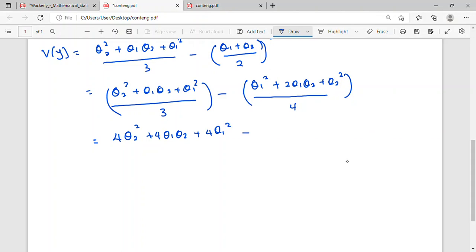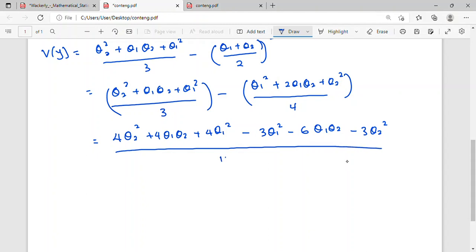Minus dengan this part pula, multiply dengan 3 theta 1 square minus 6 theta 1 theta 2 plus, minus juga sebab kat sini, minus dengan 3 theta 2 square divide dengan 12.